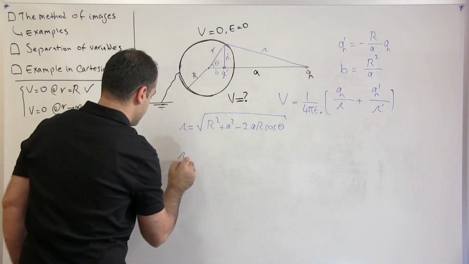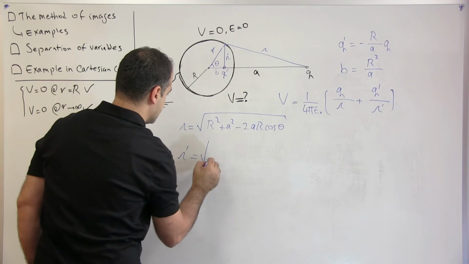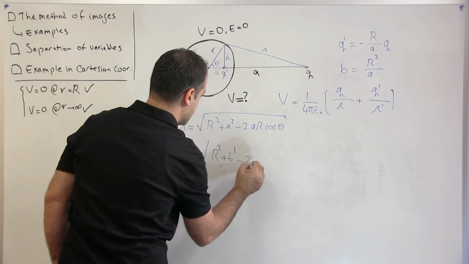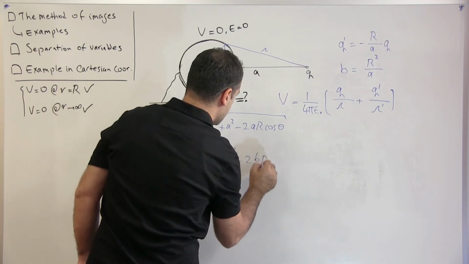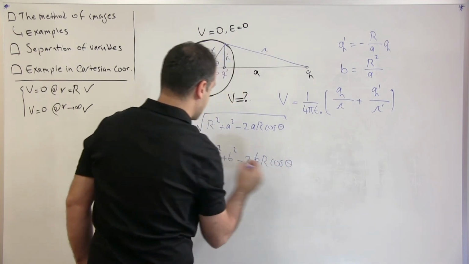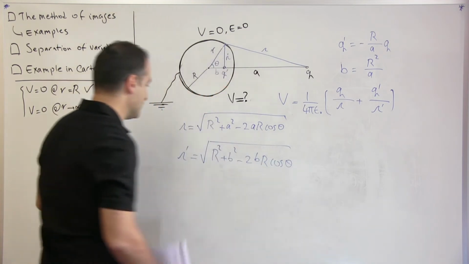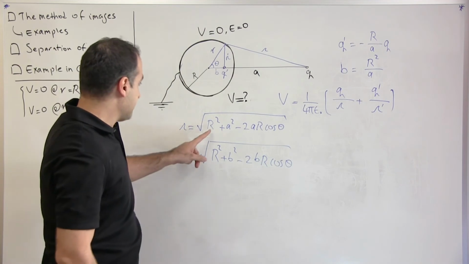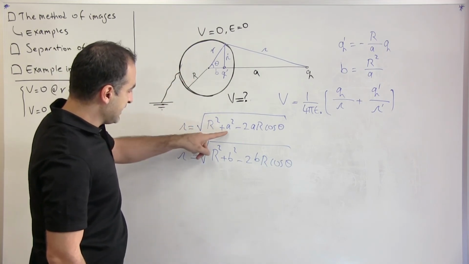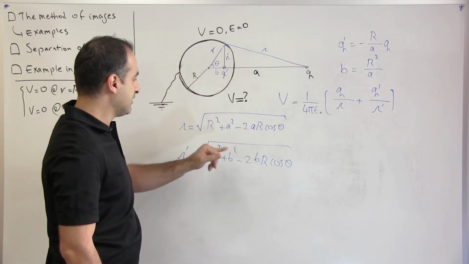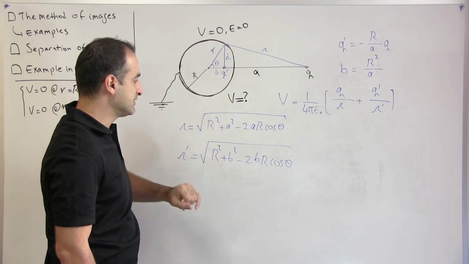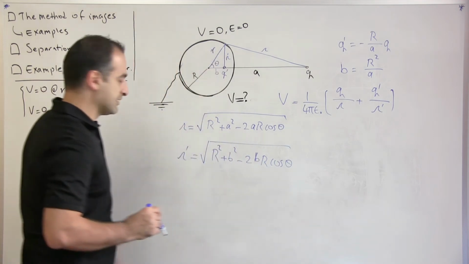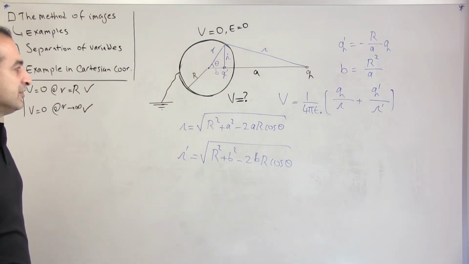R prime is a square root of R squared plus B squared minus 2BR cosine of the same angle theta. So R and R prime, you can write them in terms of capital R, the radius of the sphere, A and B, where the Q and Q prime are sitting, and of course it's a function of the angle theta as well.